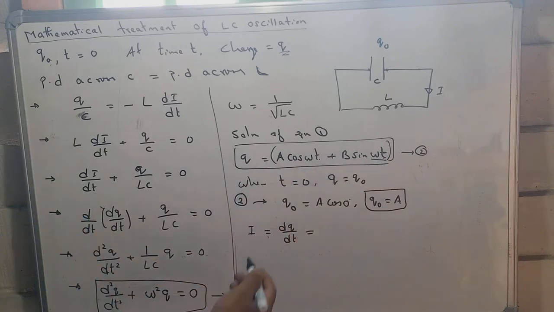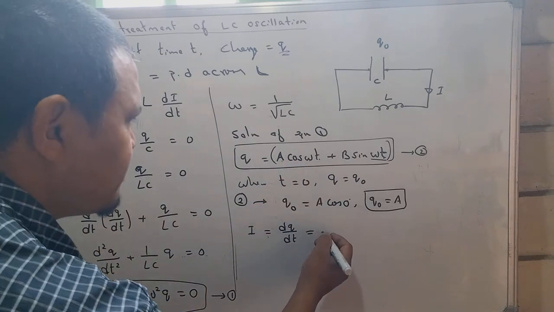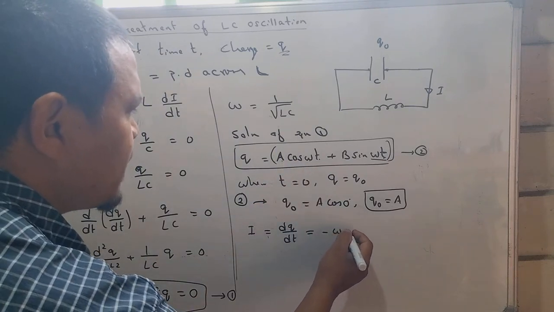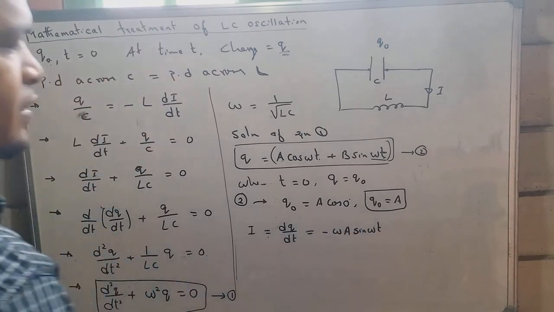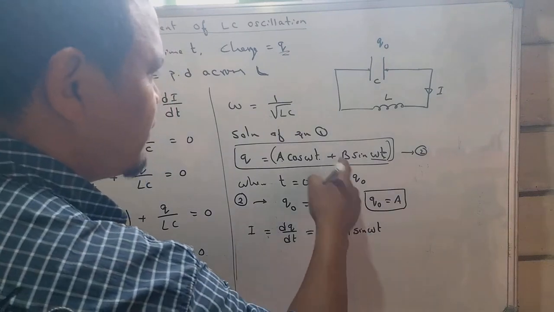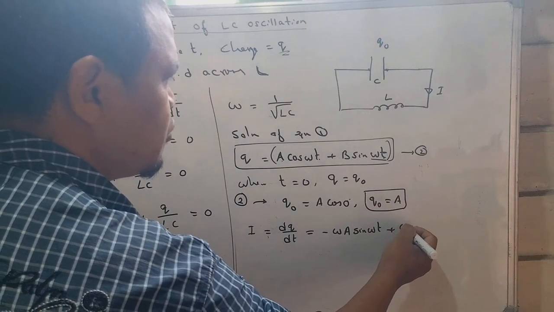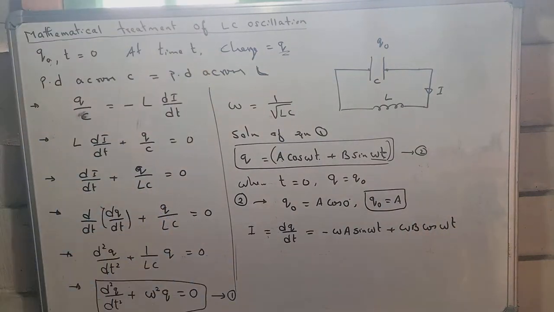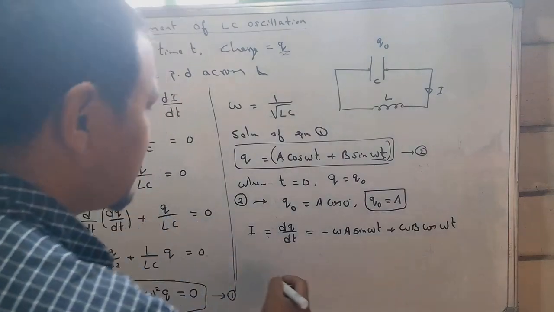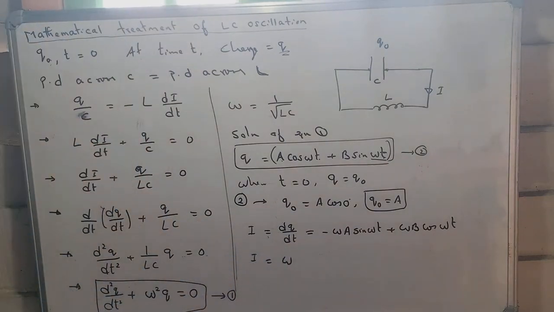When you differentiate A cos omega t, you will get minus omega A sine omega t, and when you differentiate B sine omega t, you will get omega B cos omega t. Now I will take this omega common.